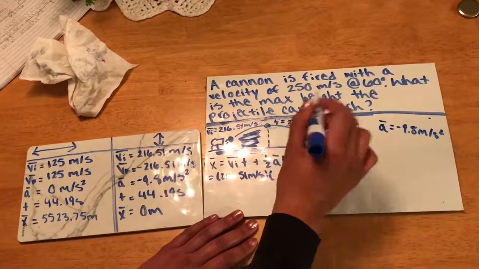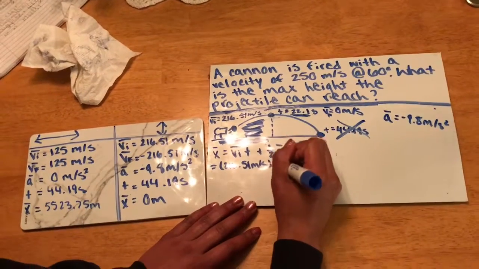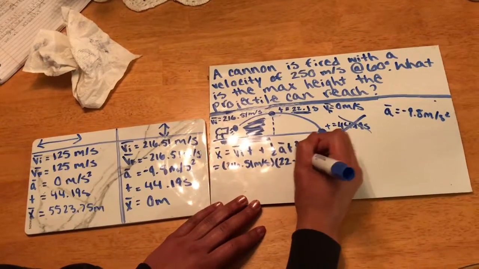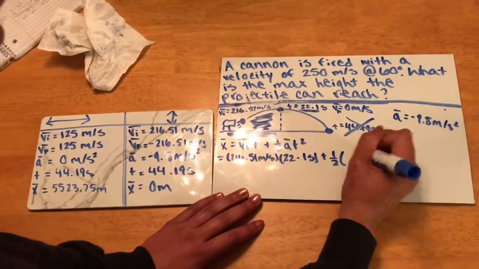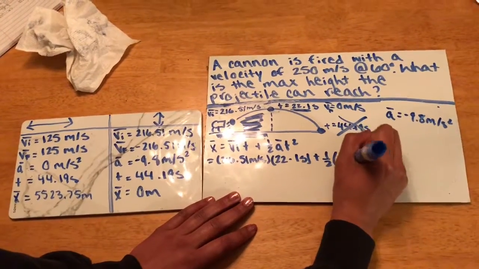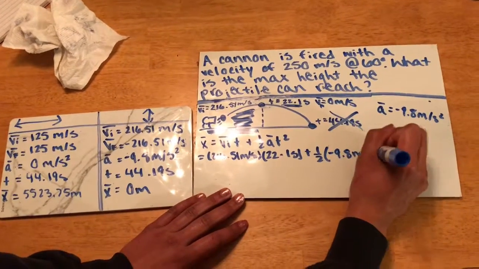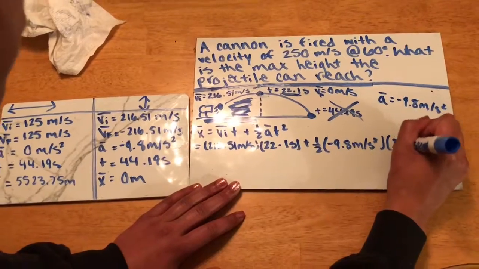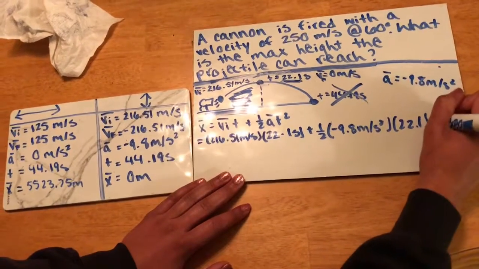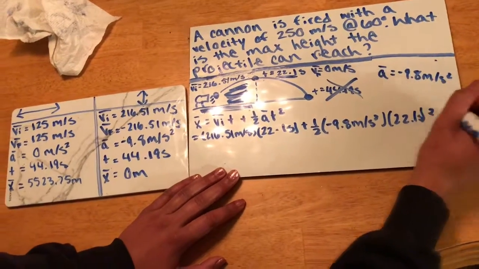So we're just going to use our half time. So times 22.1 seconds plus half the acceleration, which we know once again is negative 9.8 meters per second squared, times that time again, which is a half time, 22.1 seconds squared.